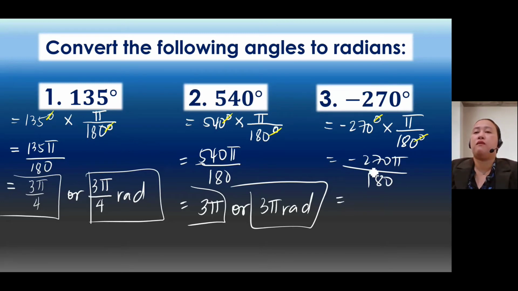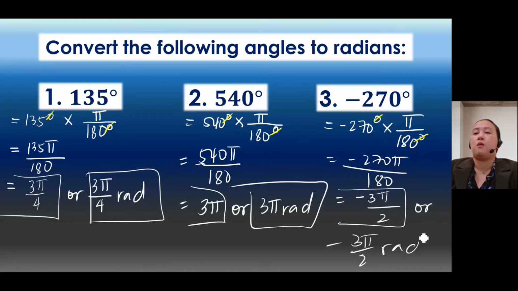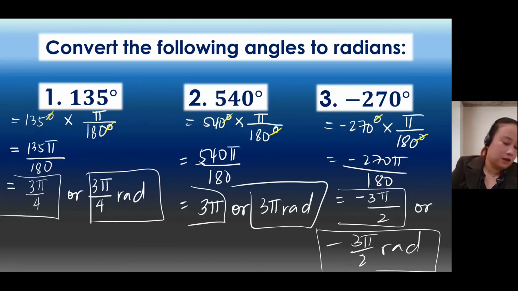This is also equivalent to negative 3 pi over 2, or that is negative 3 pi over 2 rad. Okay, I will now clear the screen for the next 3 examples.